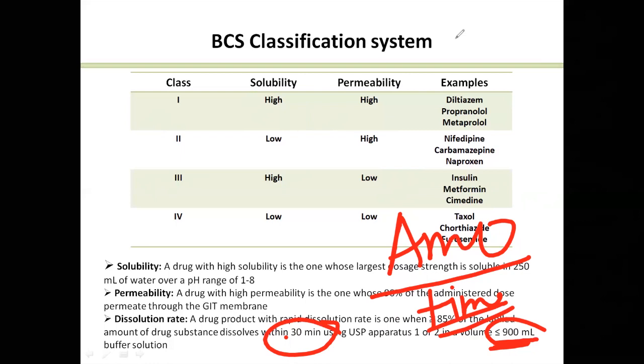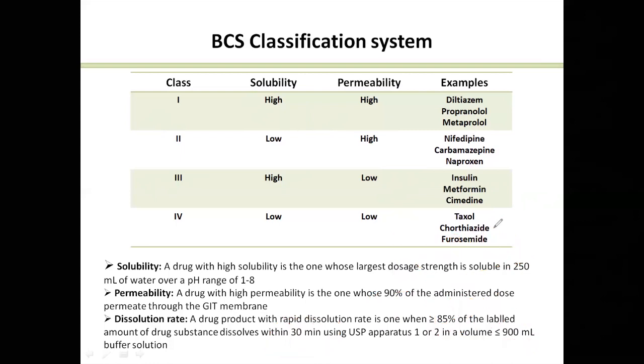Next, one thing that came up in this definition is USP apparatus 1 or 2. So, what are USP apparatuses? These are USP dissolution apparatus. There are 7 different kinds of USP apparatus, but here we are saying USP apparatus 1 or 2.